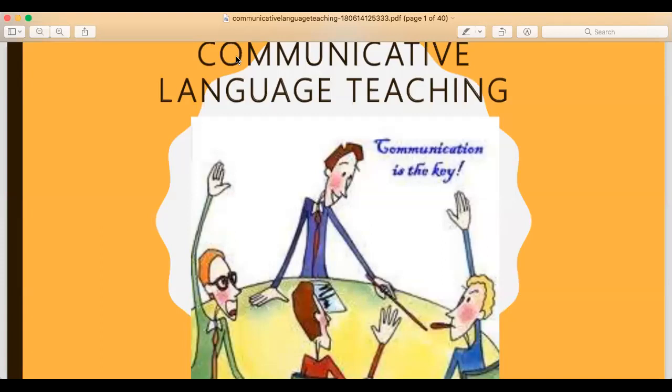Exposed means you will come in contact with, right? So when we say that you will be exposed to the actual language, that means when you are able to listen to the actual language, you will come in contact with the actual language.